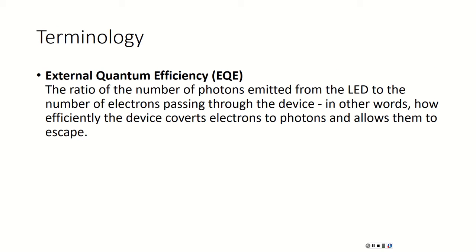A couple of words I'll throw out a couple of times is external quantum efficiency. To put it bluntly, it's just how efficiently the device converts the electrons to photons and allows them to escape. In other words, how an LED works.